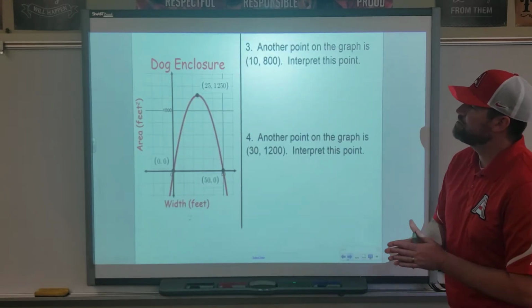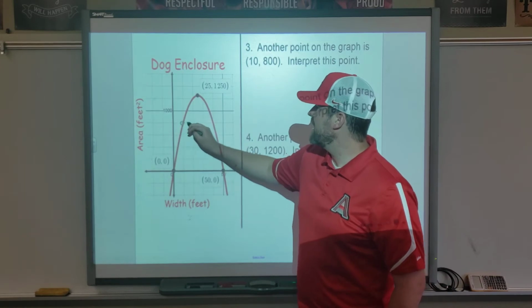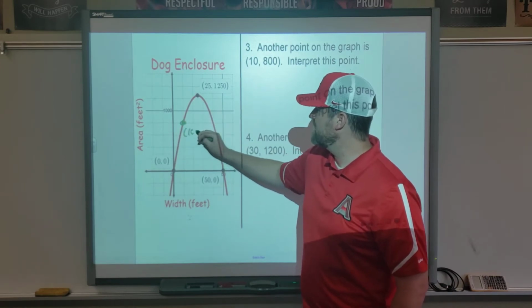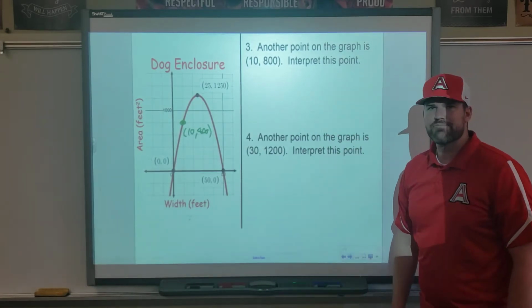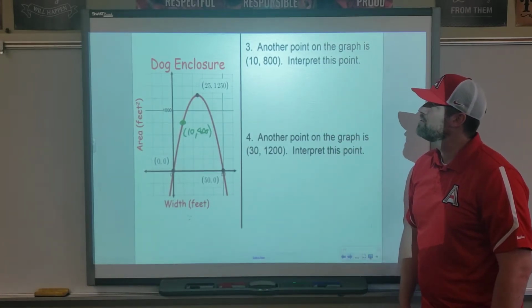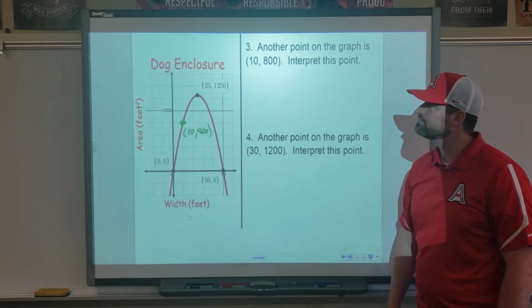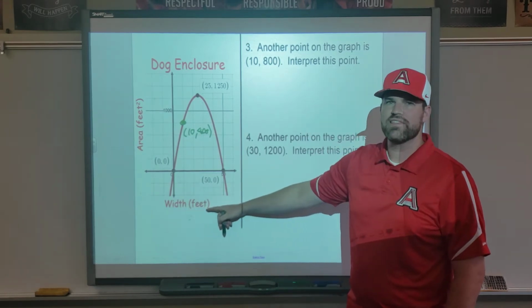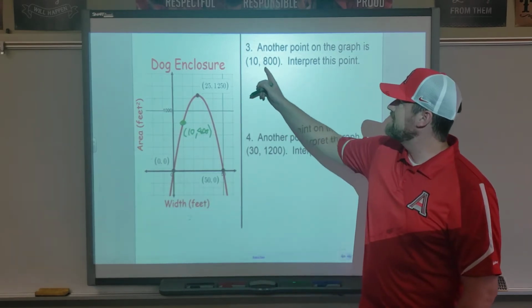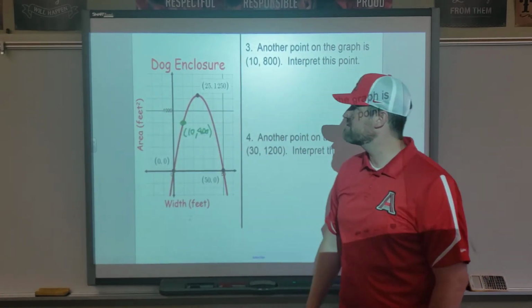Going along with this, another point on the graph is the ordered pair 10, 800. So right there is 10, 800. Interpret this point. Okay, what does 10, 800 mean for this problem? Well, we know that 10 is our x, and x is our width in feet. We know that 800 is our y, and our y is area in feet squared.